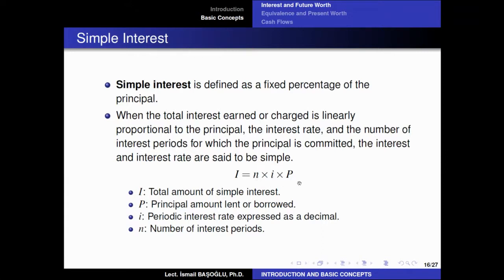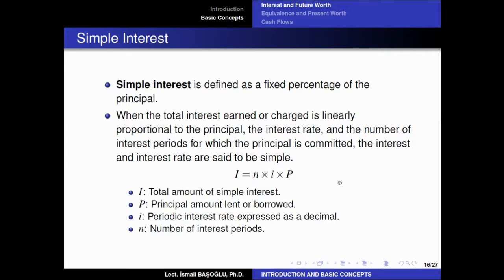And as you can see, by multiplying those, we get the interest amount as a linear function of these three components. Okay, so as you can see, the interest amount is linearly proportional to the principal amount, the interest rate, or the number of interest periods.